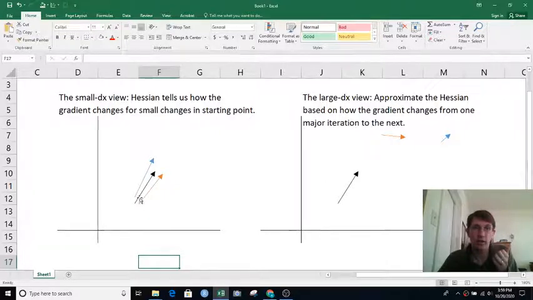So that's a good way to approximate the Hessian at that one point. But I could say, if I follow this direction, and maybe my line search ends me up here, I compute the new gradient, which will tend to be roughly perpendicular, maybe. And then I can say, how much did the gradient change from here to there? And that's telling me about the approximate Hessian in this whole region, rather than at that one point.